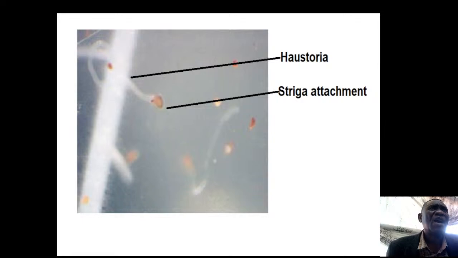And here we now have attachment. This is actually the maize root, and you have your Striga with its radicle now attached to the maize root, and at the point of attachment, this is what we call the haustoria.